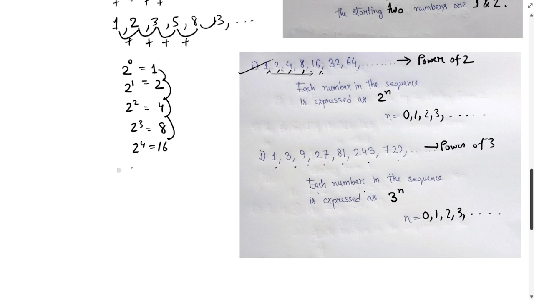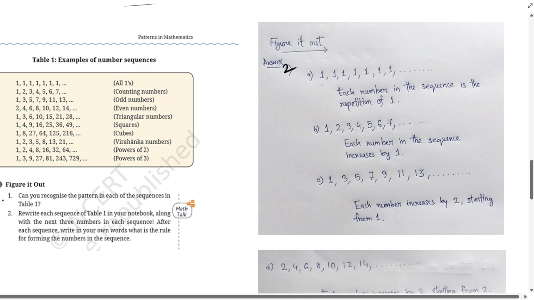So we can write 3 power 0 is 1, 3 power 1 is 3, 3 power 2 is 9, 3 power 3 is 27, 3 power 4 is 81. Understood? Now 1 is completed.